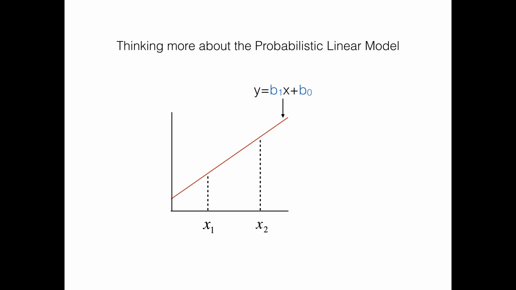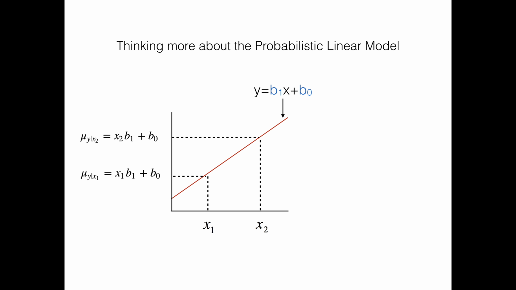So I have this best fit line. What can I say about this probabilistic linear model as it sits? Well, if I have some inputs x, one way of thinking about the outputs is that the outputs y have some average value.